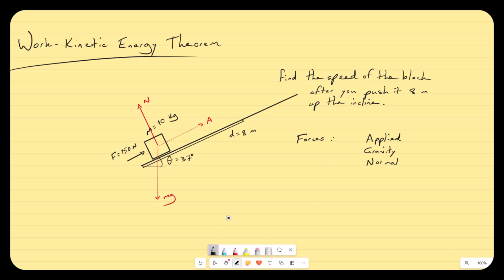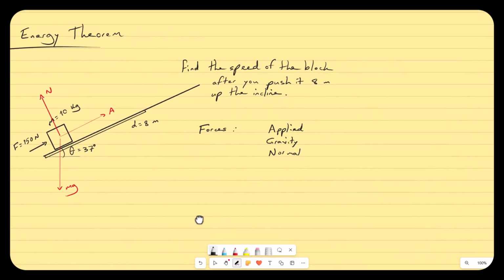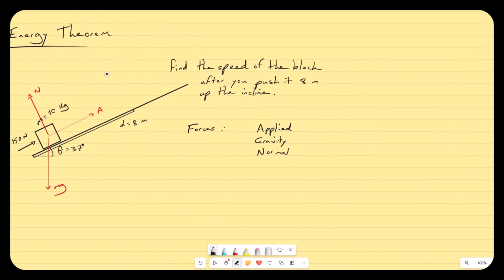I want to find the speed of the block at the end, so I'm going to do this using the work-kinetic energy theorem. If I have a displacement that goes up my ramp, then the very first thing I can say is that my normal force will not do any work.